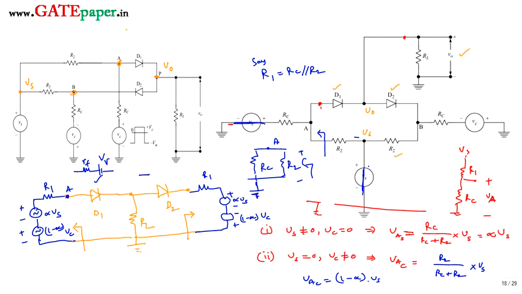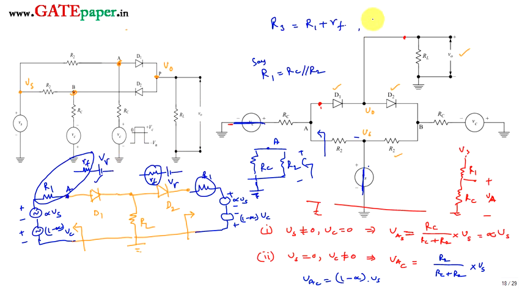We assume that both diodes are of identical nature, so both can be replaced with RF and V gamma. Then this RF and R1 will be in series. Here also RF and R1 will be in series. So you can replace both resistors with a single resistor, which I am assuming as R3. R3 is R1 plus RF, with voltage source V gamma along with these two voltage sources.